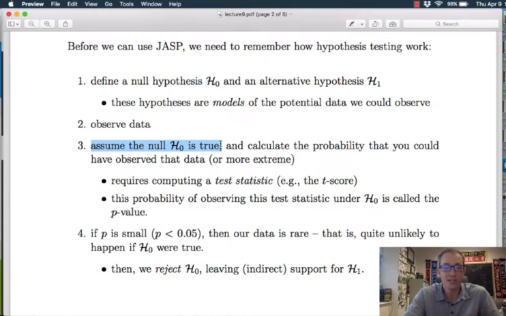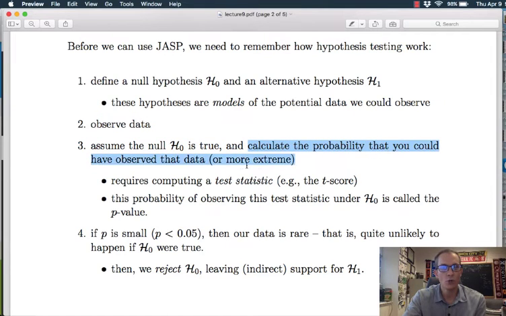That's important. In fact, you'll recall on homeworks and exams, I absolutely want you to write down, assume the null is true. The reason is because everything from here is based on that assumption. So we assume the null is true, and then we calculate the probability that you could have observed that data, or more extreme.